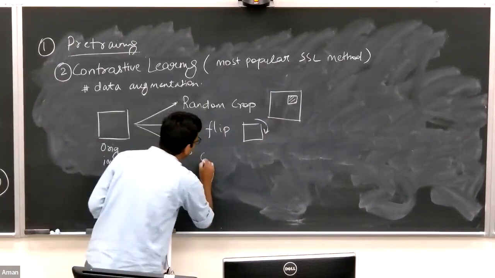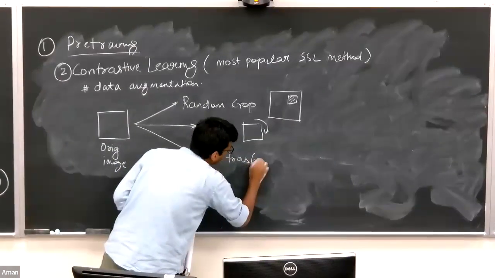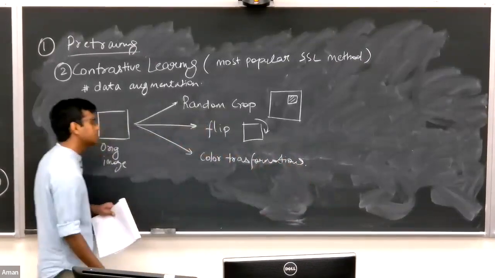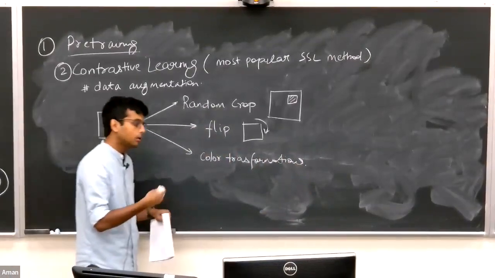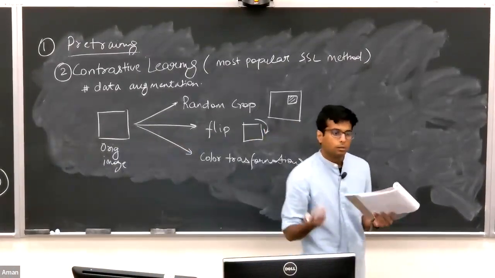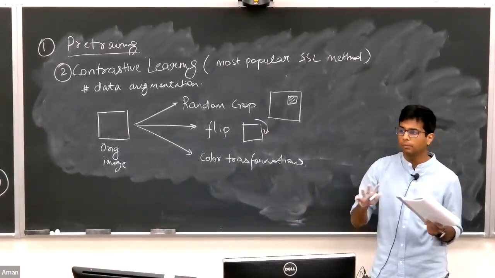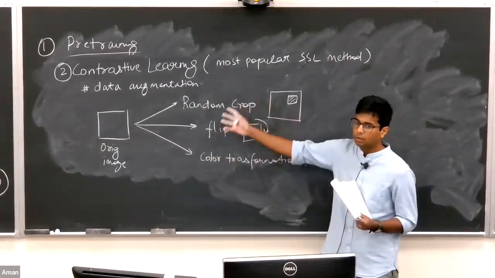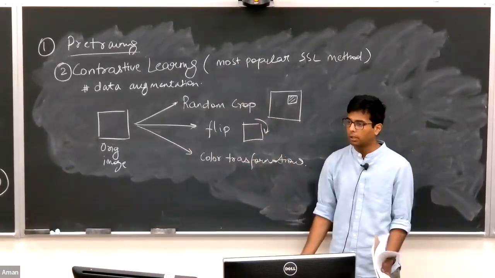Then there are color-based transformations, where you take the image and modify the color, the gradients, the contrast, and just the physical attributes or the brightness of the image to make it look slightly different. So composing all of these transformations together, you can come up with different views of the same data point, right?